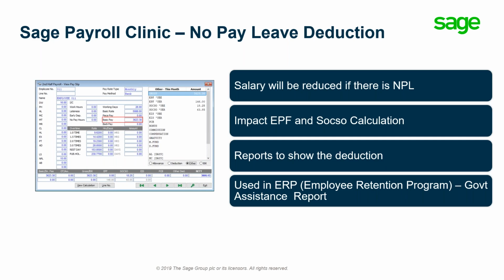If you apply across a few months, with maybe 10 days every month, after 3 months you hit 30 days and you can claim. This is the figure the system picks up, because if you don't put it under no pay leave days, the system wouldn't know and will not be able to show you the information.